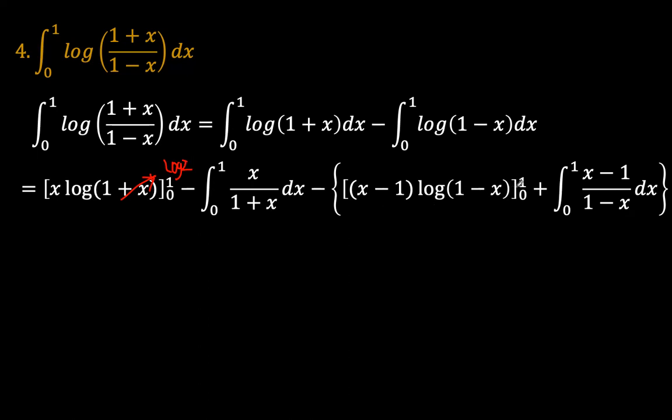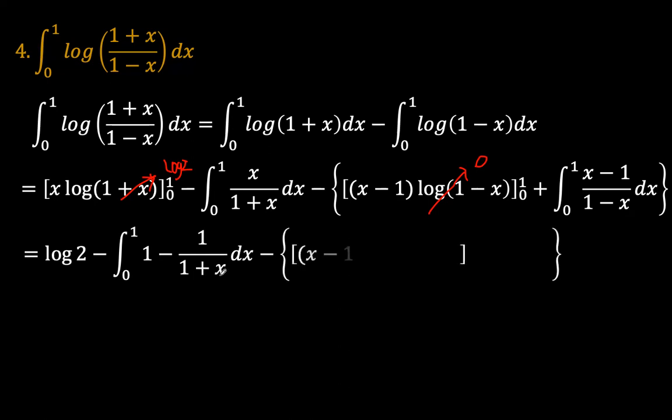And here 1 minus 1 is 0 times log 1 minus, so this is infinity, but this is 0 on the upper side, and when x is equal to 0, it is negative 1 times log 1. Log 1 is 0, so this entire thing goes to 0, and then we're left with the integral of this part here. So we say this is log 2, and then we have 1 minus 1 over 1 plus x.